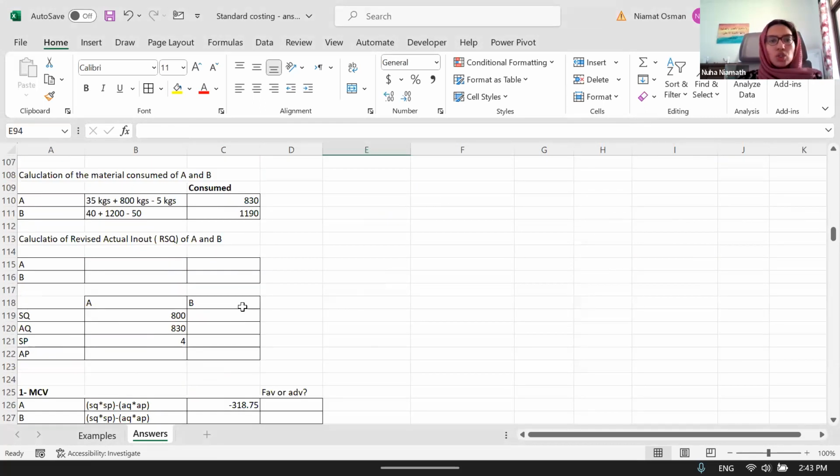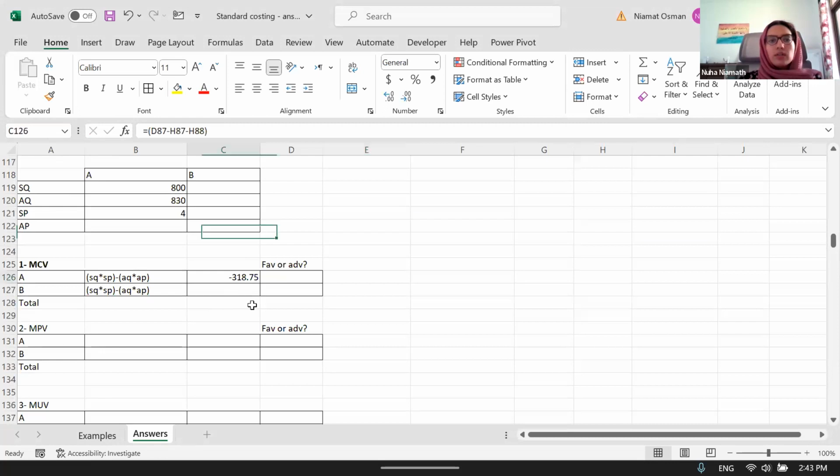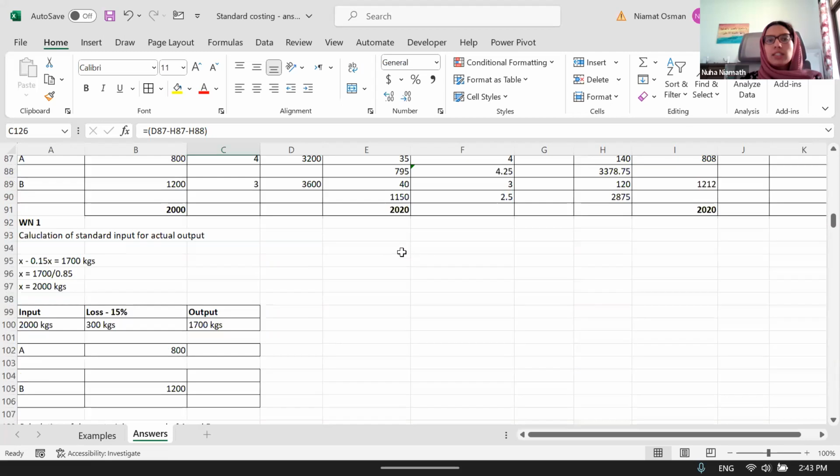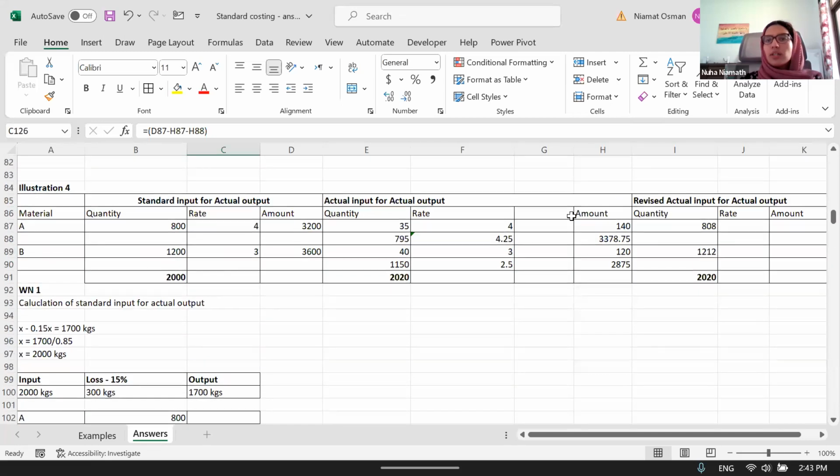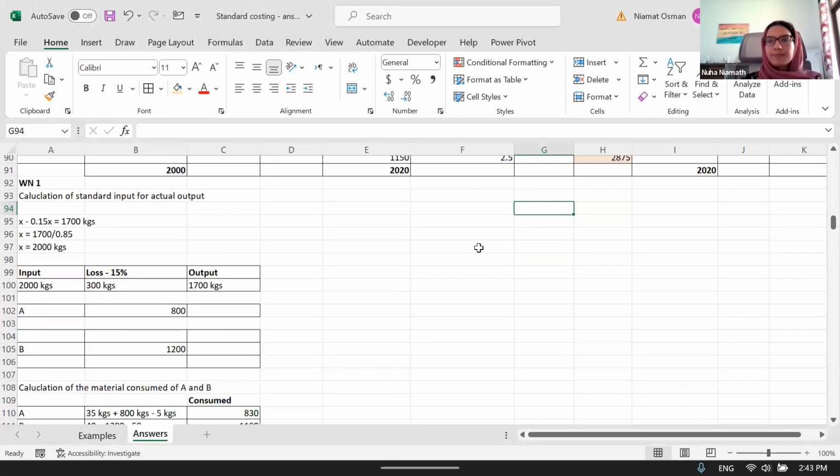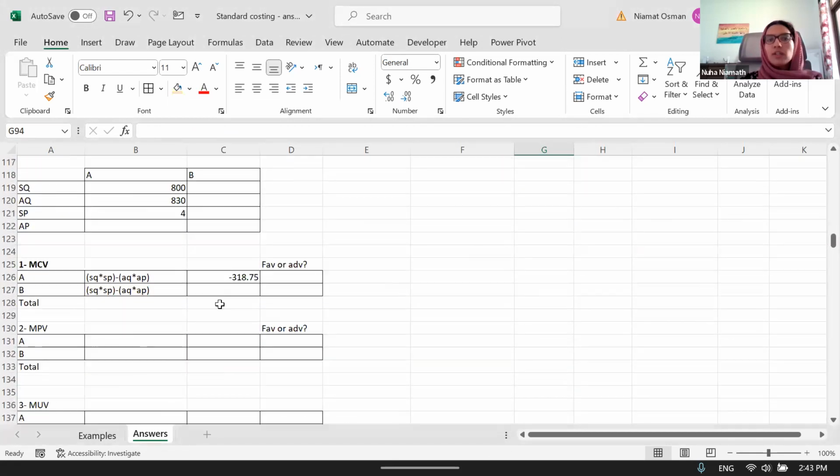Okay, so here we already have our information. We have our actual cost, 3200 minus 140 minus 3378, because both of these belong to A, and both of these belong to B, so we will take both. All clear here, 318.75? Is that what everybody has gotten?